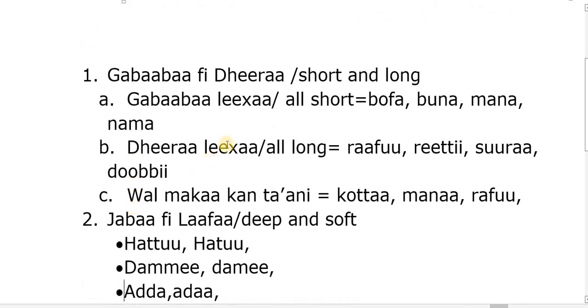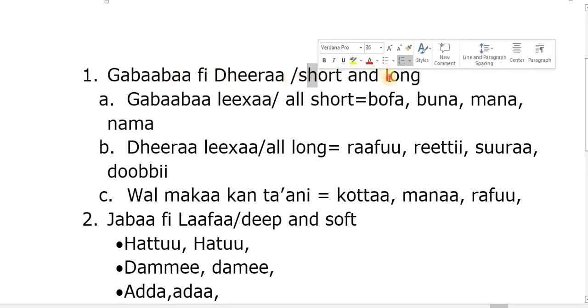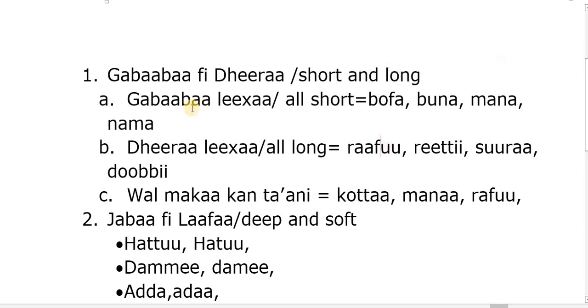So the first one is short and long. Gababa, fidera, short and long, which we already said. So short means when we stay only for a short moment on the word. Bofa, buna, mana, nama. So we only stay on them very short.